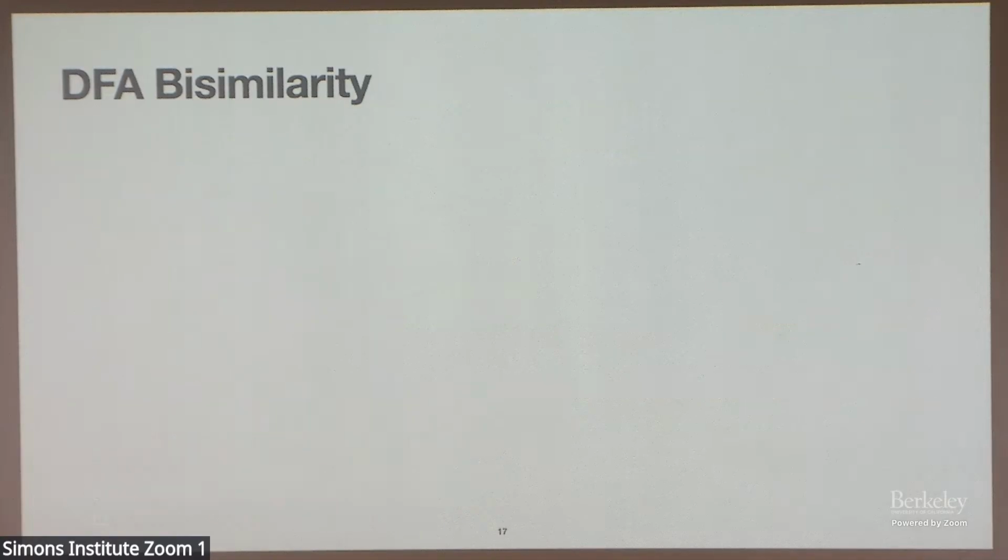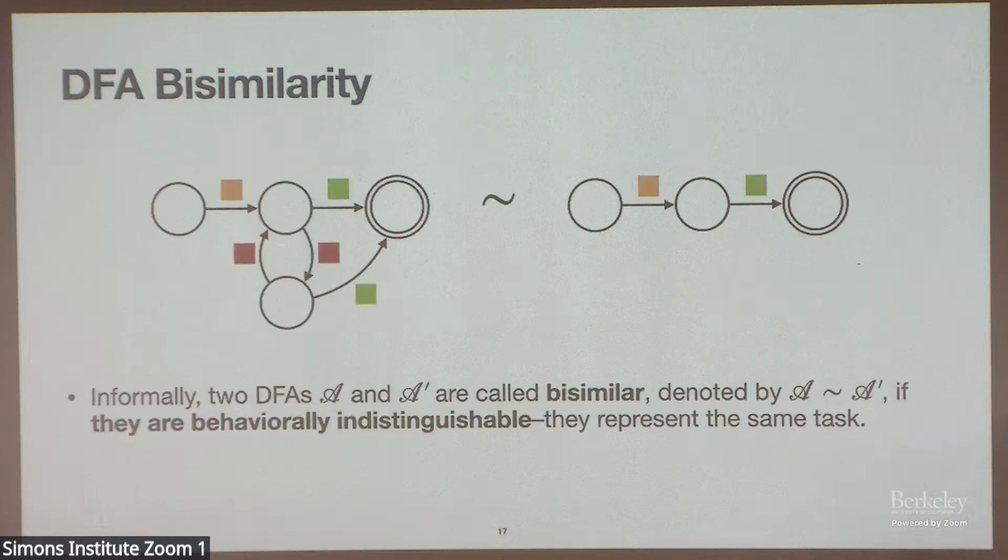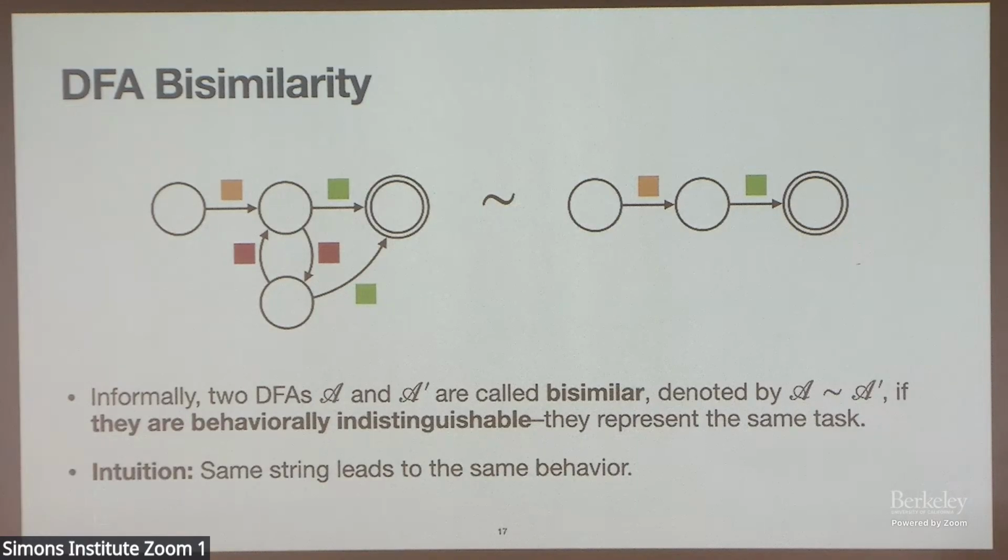And then we introduced this notion of similarity between DFAs because, just like we said a couple of minutes ago, we are going to treat these DFAs as plans, and we want to compare different kinds of plans. So this notion of bisimilarity is going to help us. Informally, two DFAs are called bisimilar if they are behaviorally indistinguishable. The intuition in this example is that the same string leads to the same behavior.